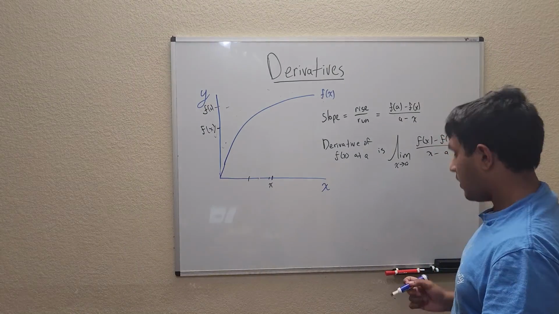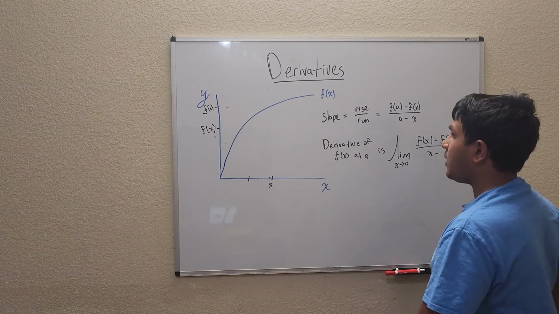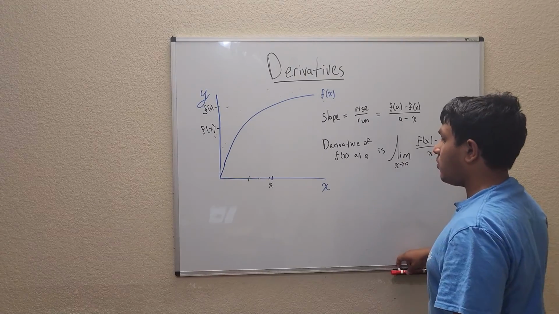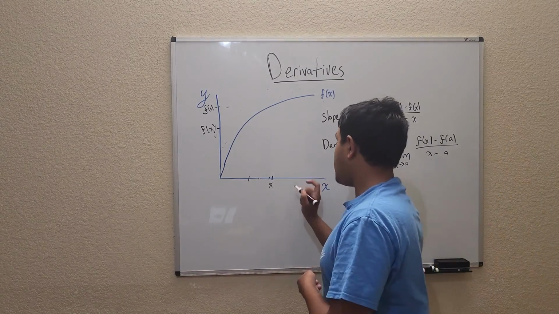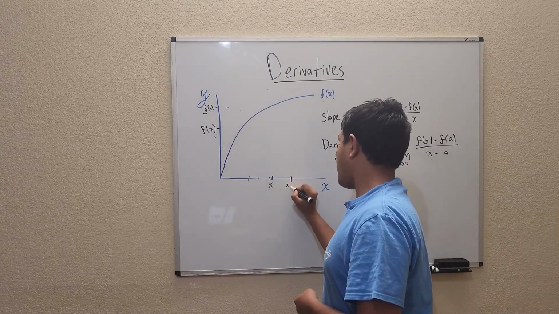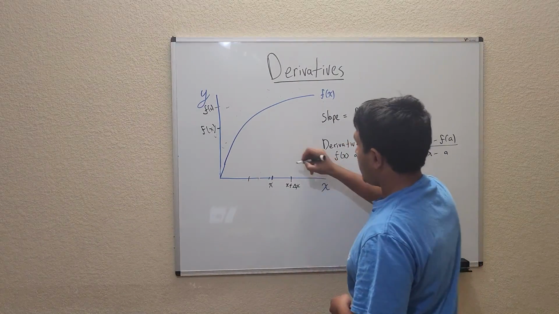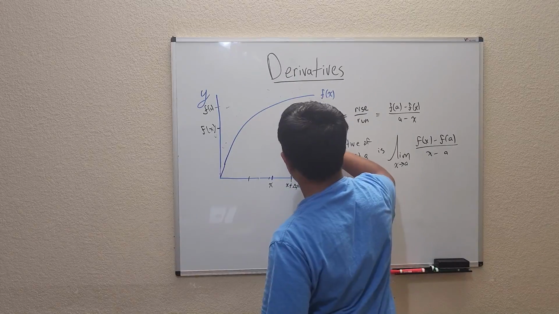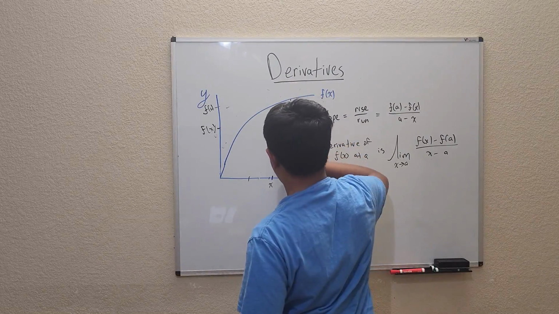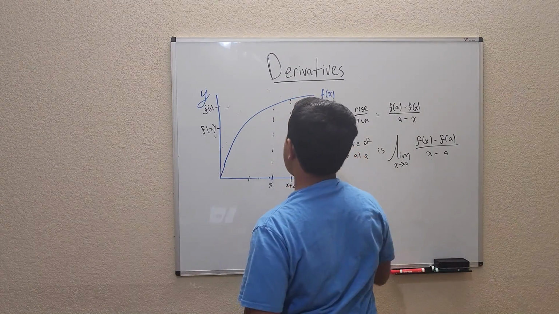We have this graph, and we have this to be f of x. So now we just have x, and let's say we have some x plus delta x. Delta x is the difference between these 2 points.